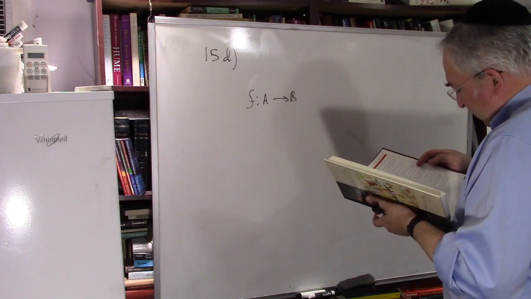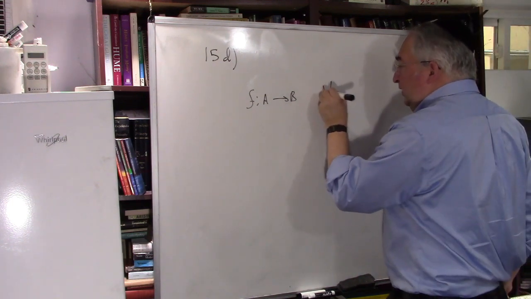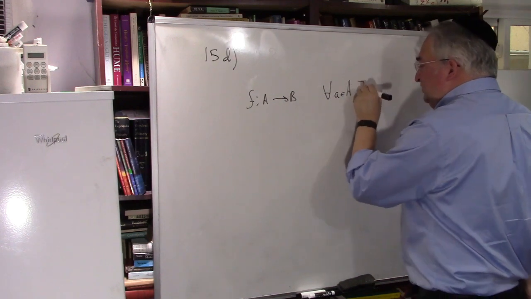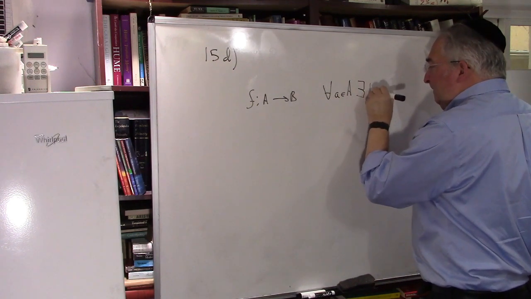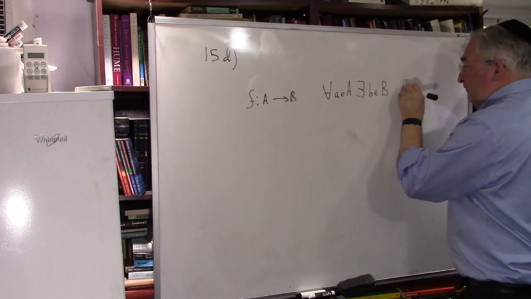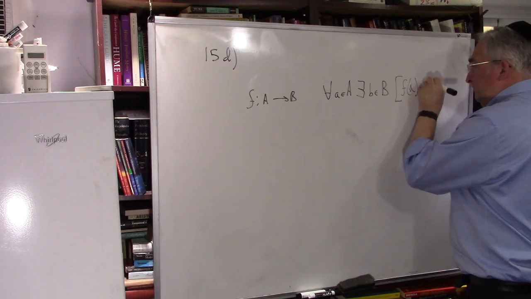D: for all a a member of A, there exists a b a member of B such that f of a equals b.